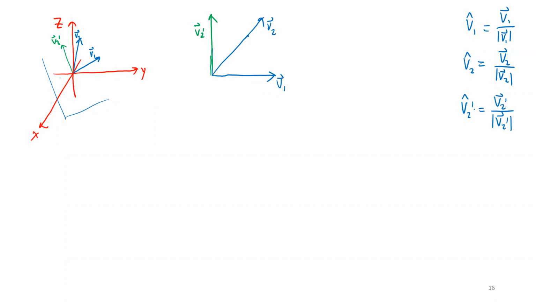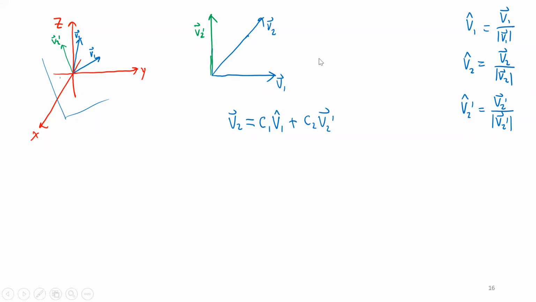So I define all these three unit vectors along these three vectors. This V2 can be expressed as some coefficient C1 times V1 hat plus some other coefficient C2 times V2 prime hat.